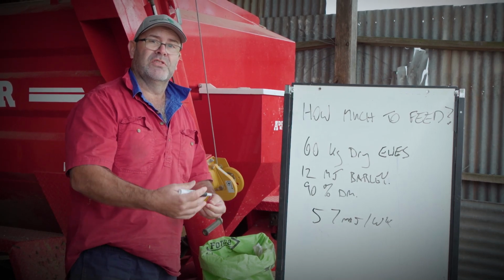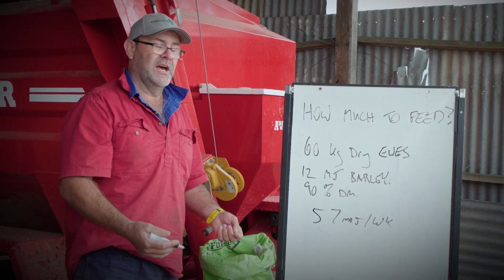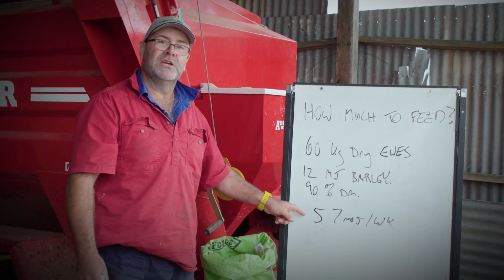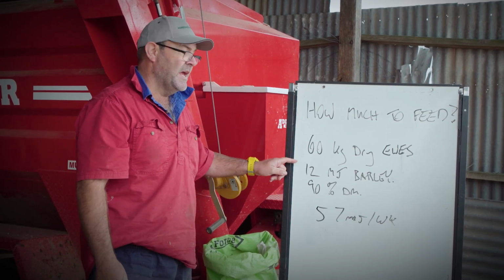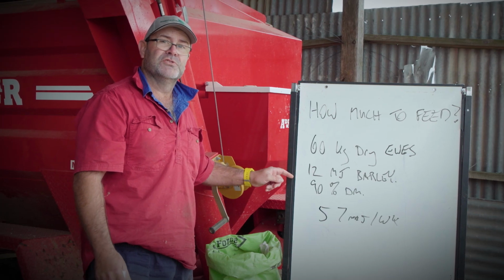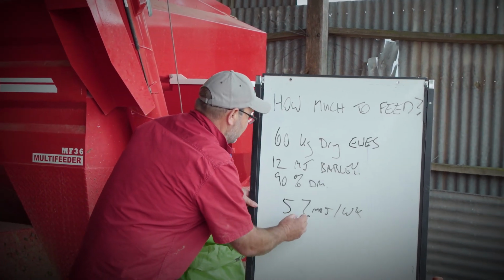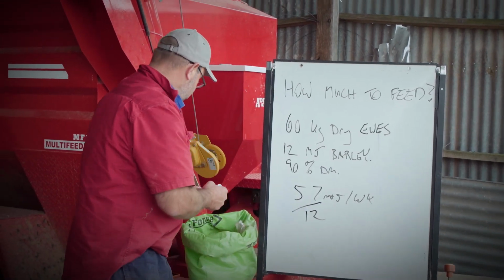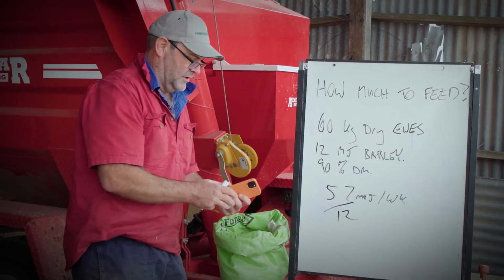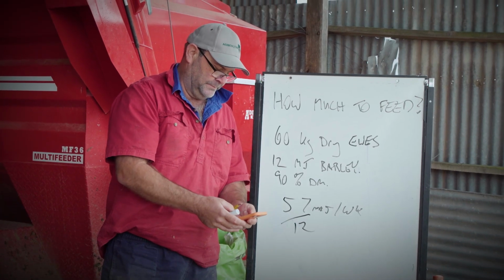So now we just need to work that through, and it's a simple case of dividing out. If she needs 57 megajoules on a weekly basis, and each kilo of barley has 12 megajoules in it, how many kilos do we need to be feeding her? So our 57 divided by our 12 megajoules, and I'll just go to my calculator quickly.